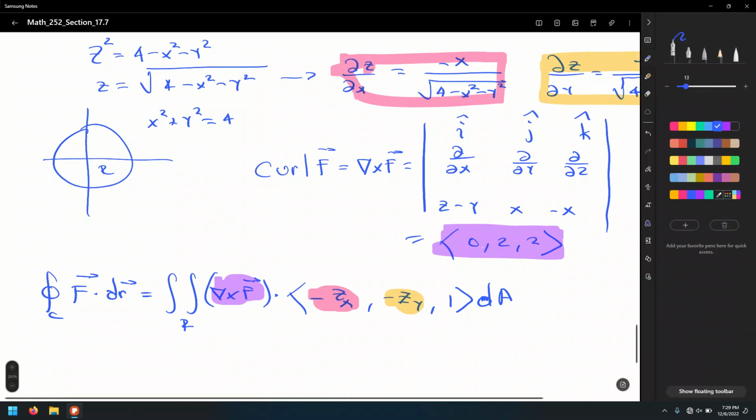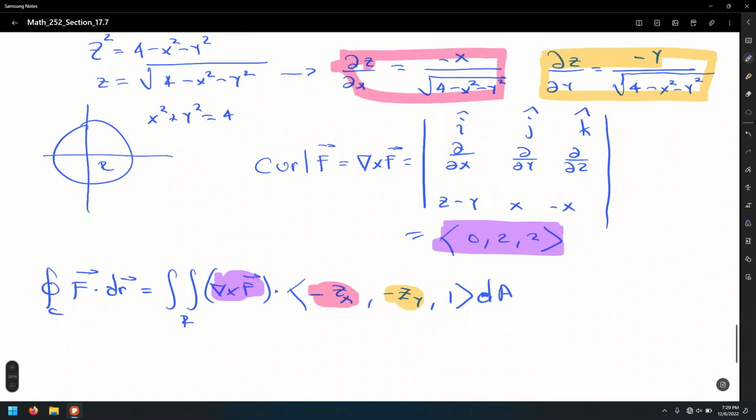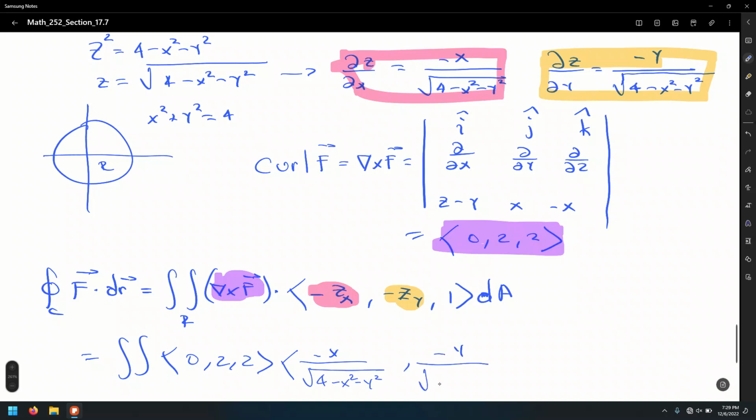Pretty much substitute whatever corresponds where it corresponds. That is the double integral of the dot product between the curl, which is 0, 2, and 2, dotted with negative x over root of 4 minus x squared minus y squared, comma negative y over root of 4 minus x squared minus y squared, comma 1, dA for now.